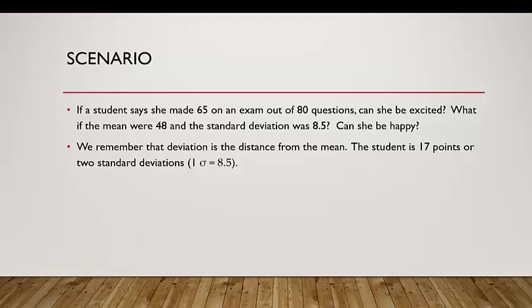Okay? Let me tell you that she can have a right to be excited. And we'll understand that when we look at the normal curve, okay? So you can see how we're going to start pulling these things together now that we've kind of learned them. So standard deviation and mean, 2 huge important things here.